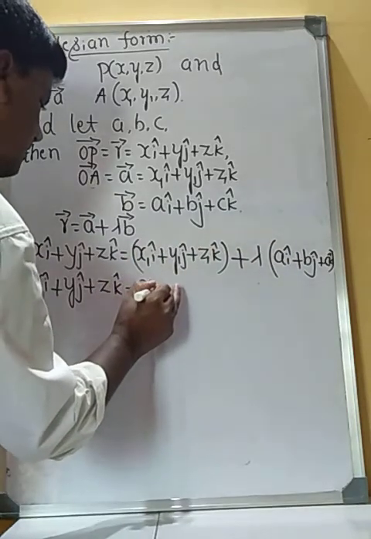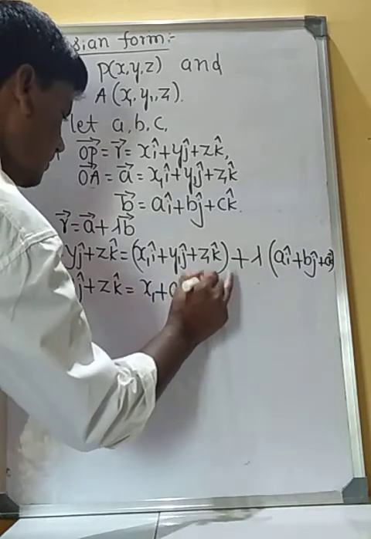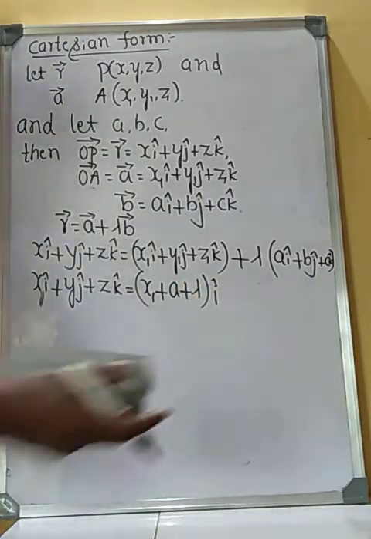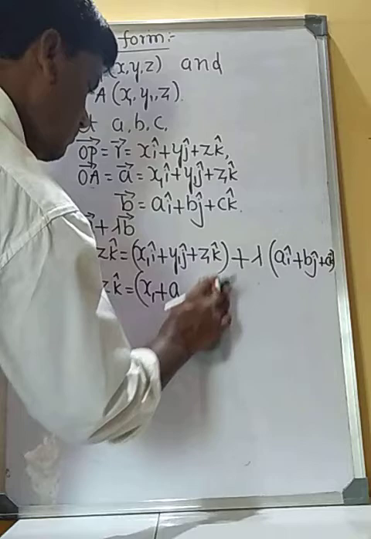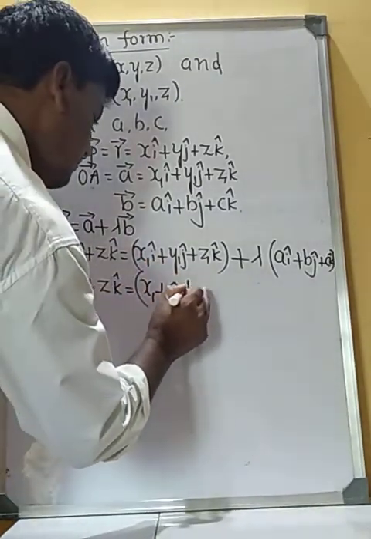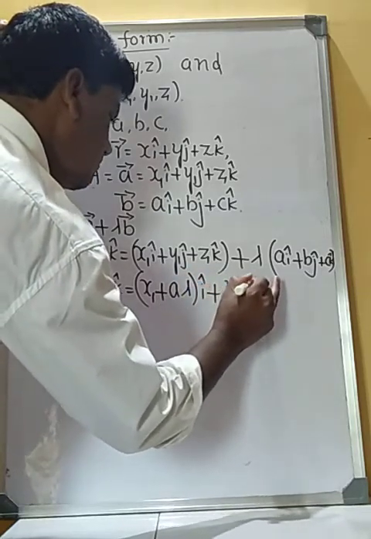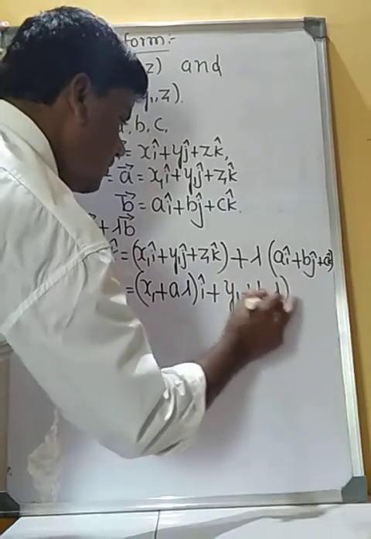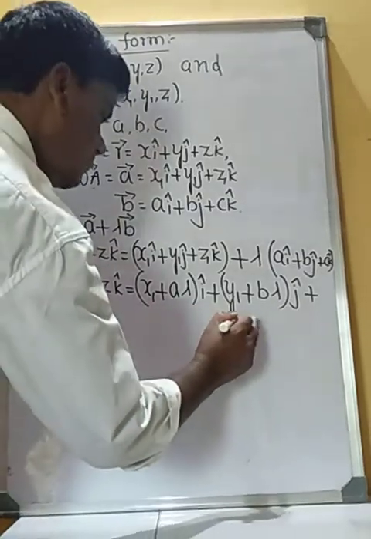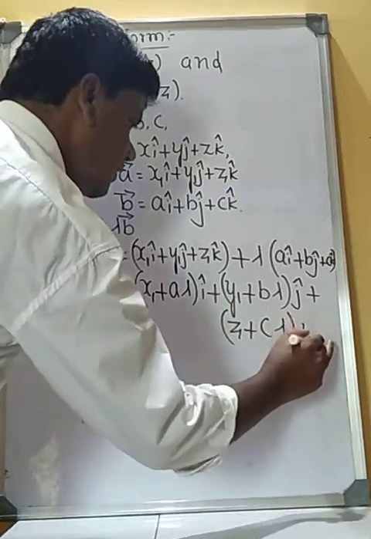That is, xi plus yj plus zk is equal to (x1 plus a lambda) i plus (y1 plus b lambda) j plus (z1 plus c lambda) k.